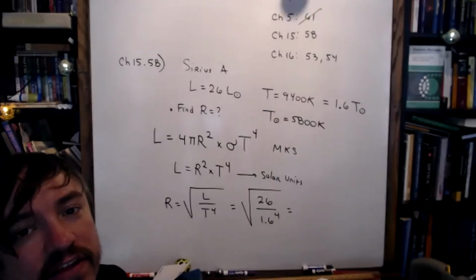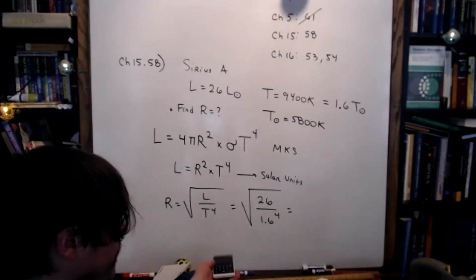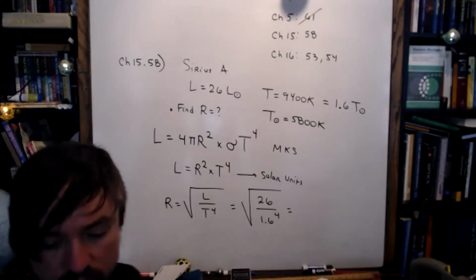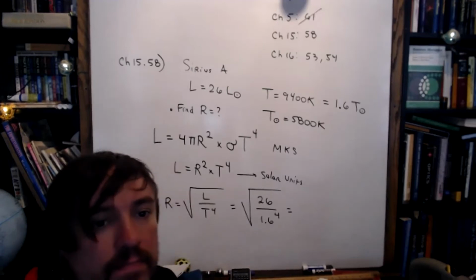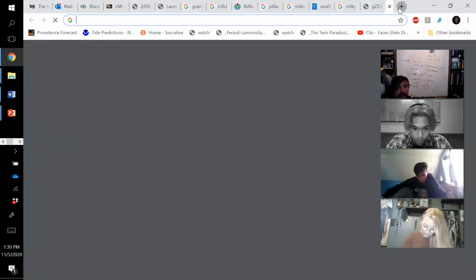The correct answer, I think, Sirius is about 2.5 times the radius of the sun. So let's see. I got 2. Let's check Wikipedia to see how that agrees.